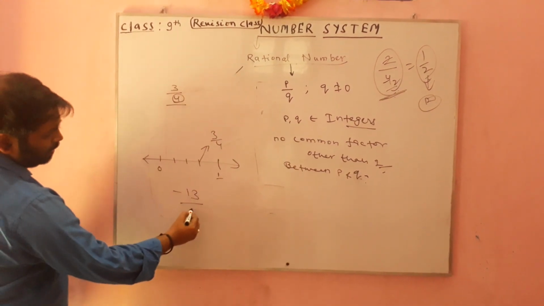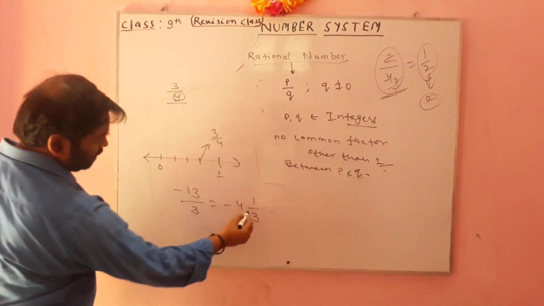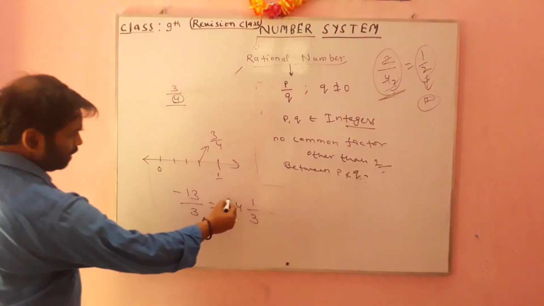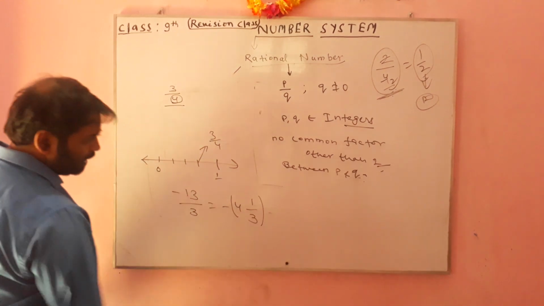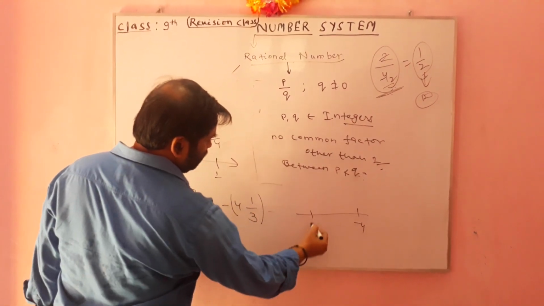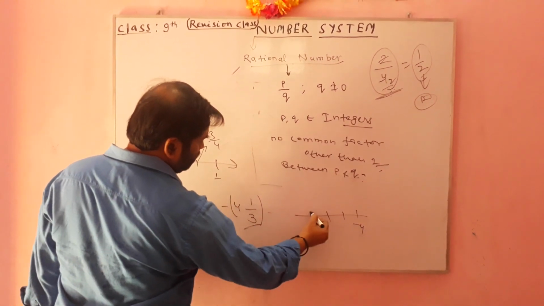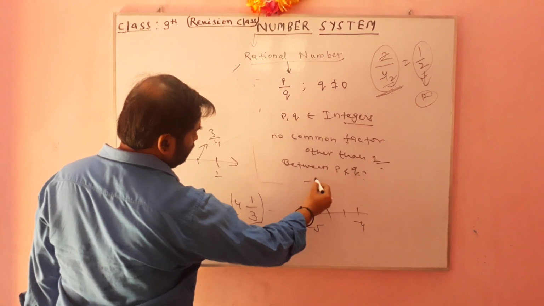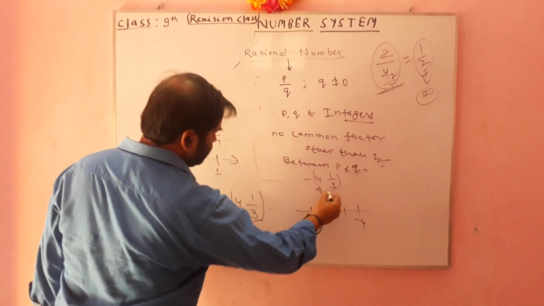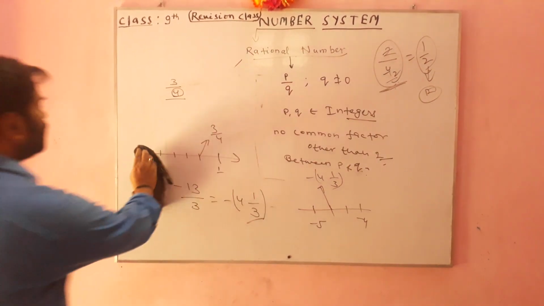Minus 13 by 3 means minus 4 whole 1 by 3, and we must put a bracket here. So this is minus 4, this is minus 5, the denominator is 3, 1, 2, 3, so this is minus 4 whole 1 by 3. These are the methods to represent rational numbers on the number line.